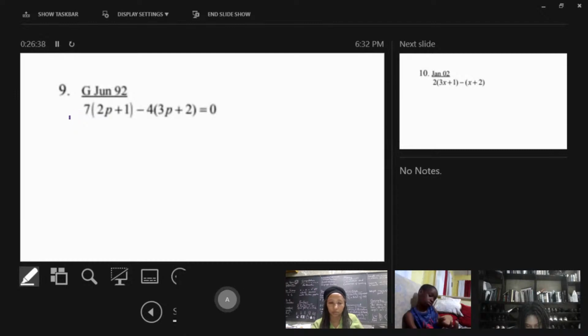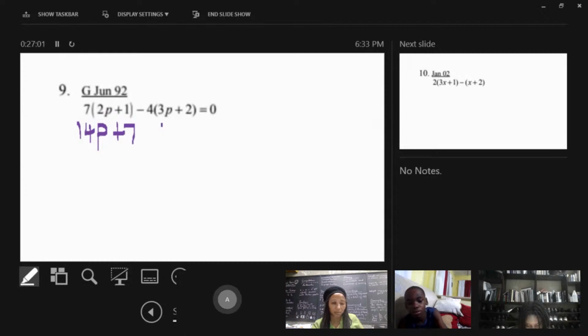I'll expand the bracket, so 14p plus 7. How did you get the 14p, Asar? Explain how you get each thing. Well, 7 times 2p is equal to 14p. 7 times 1 is 7, so plus 7.